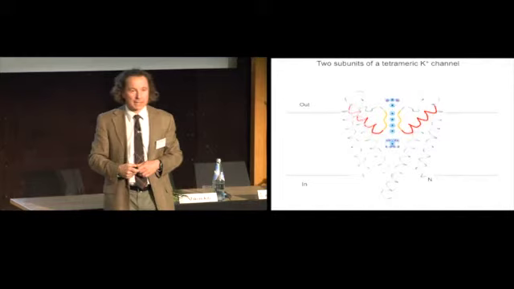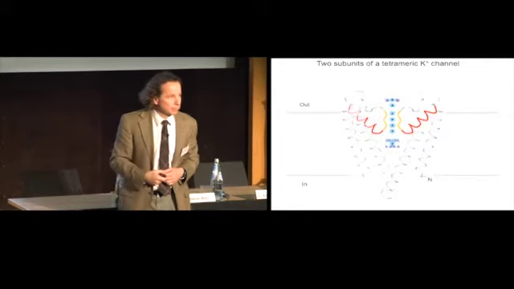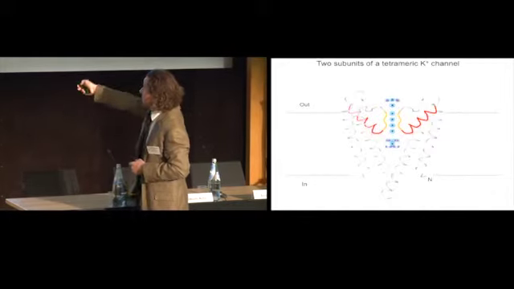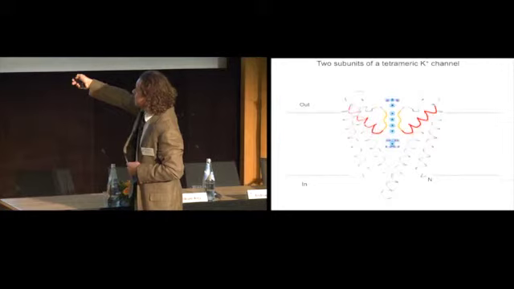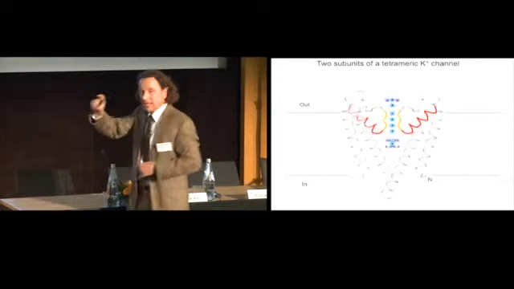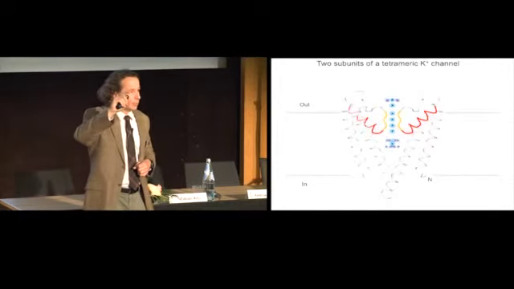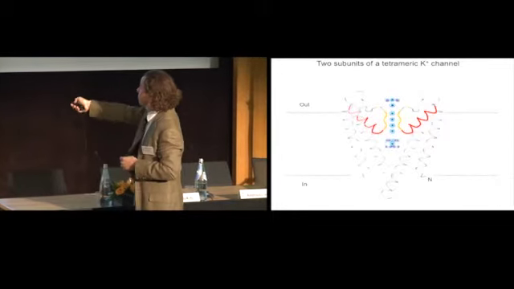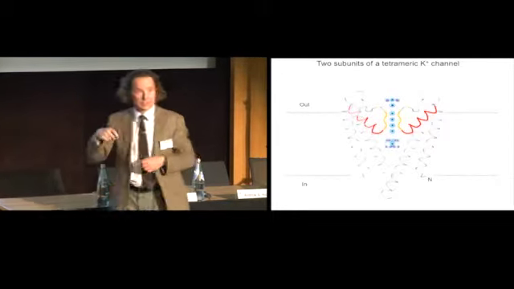Those are oxygen atoms from the protein backbone. And they're all pointing in toward the center at the potassium ion, shown in green. So what you actually see is that each potassium ion is sitting in a little cage with 8 oxygen atoms around it, 4 on the top, 4 on the bottom, for each of these cages.